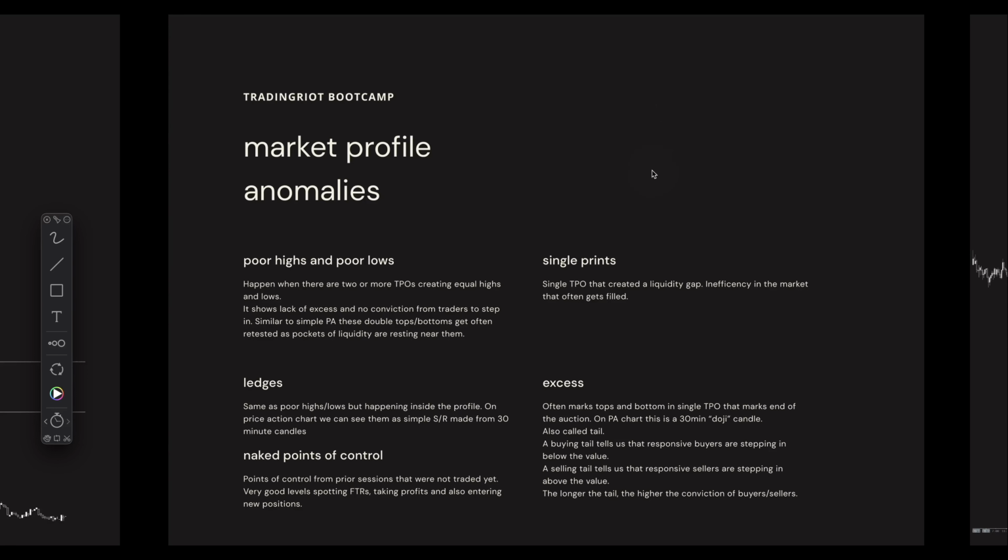Once again, you have your common gaps, runaway gaps, and stuff like that. So not all single prints have to get filled. When momentum is strong, the market will just leave them behind and do something like this, and you will have unfilled singles here.